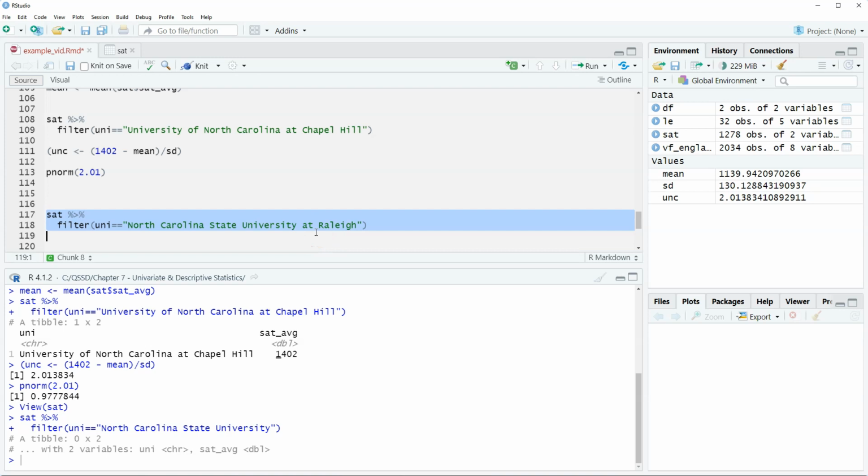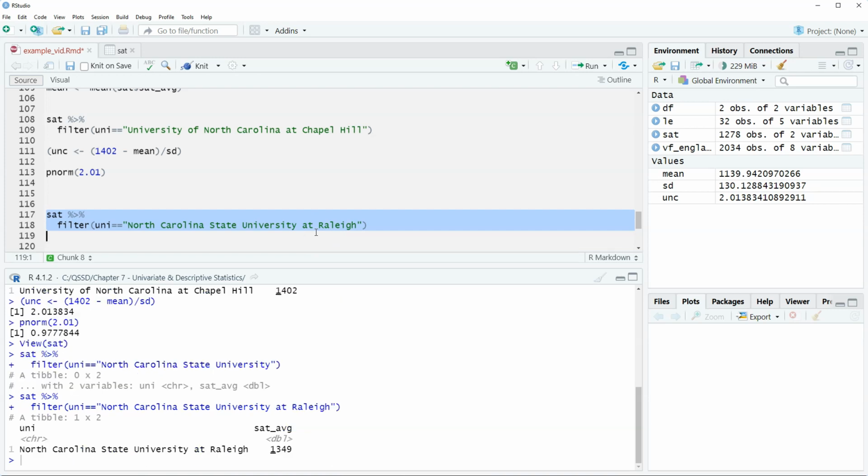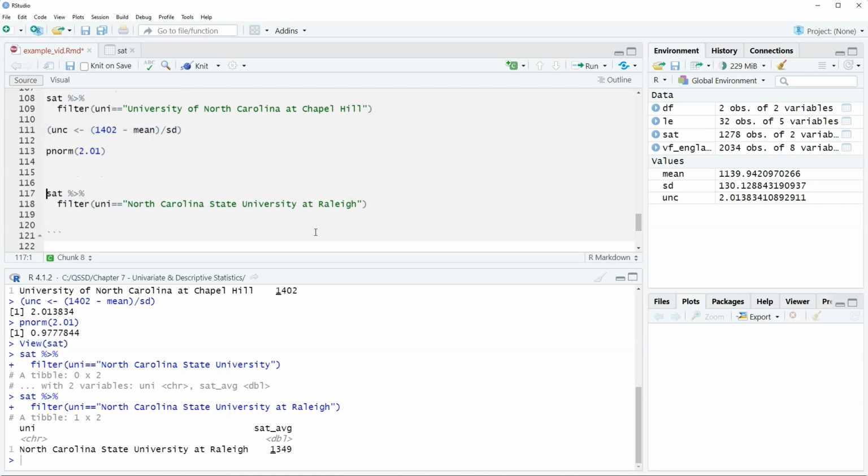Okay, so it's 1349. So it's only slightly below North Carolina. Put that in for NC State, 1349.